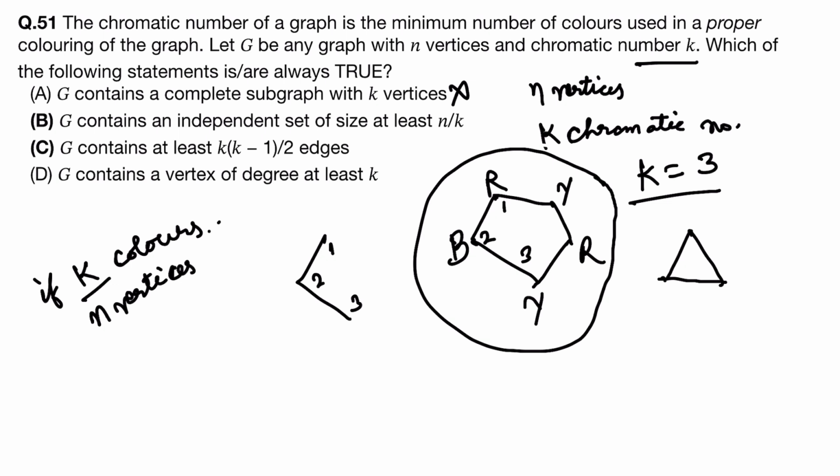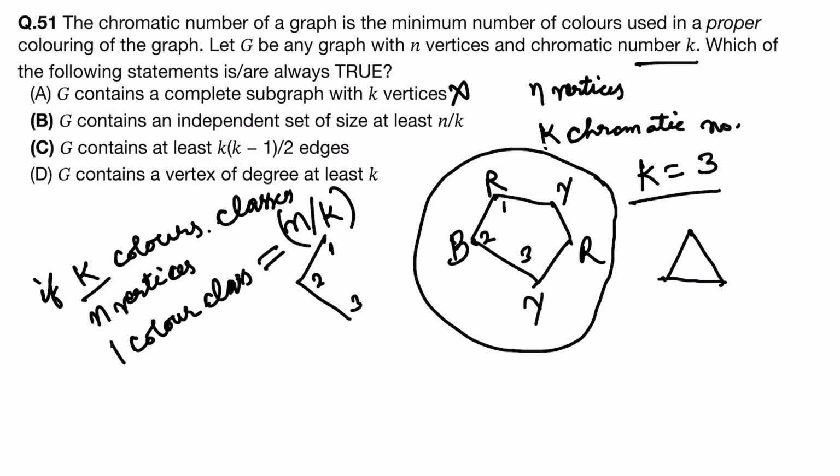Then one color class will have size at least n by k. You can understand this by the pigeonhole principle.